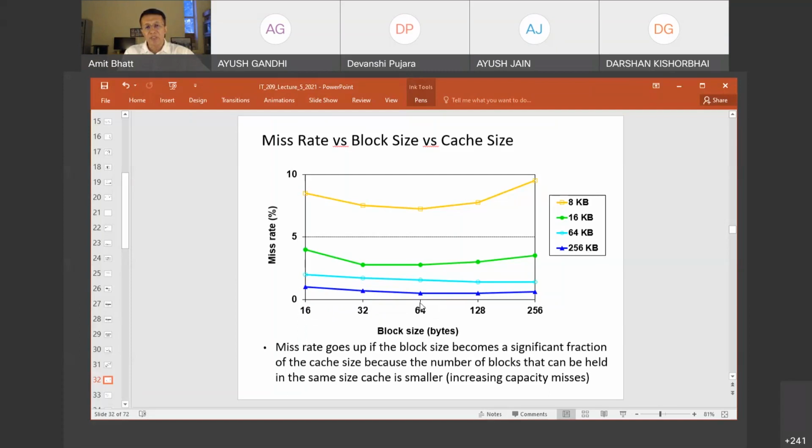And then when I make it 16, it is around 0.7%. And then if I increase it, there is not too much of a difference. Why? Because the block size of 64 words also is not going to cause too much of a problem, because look at the cache size. It is way big anyway. So even if there are large blocks, a much larger number of blocks can be put into a 256 KB cache than just an 8 KB cache.